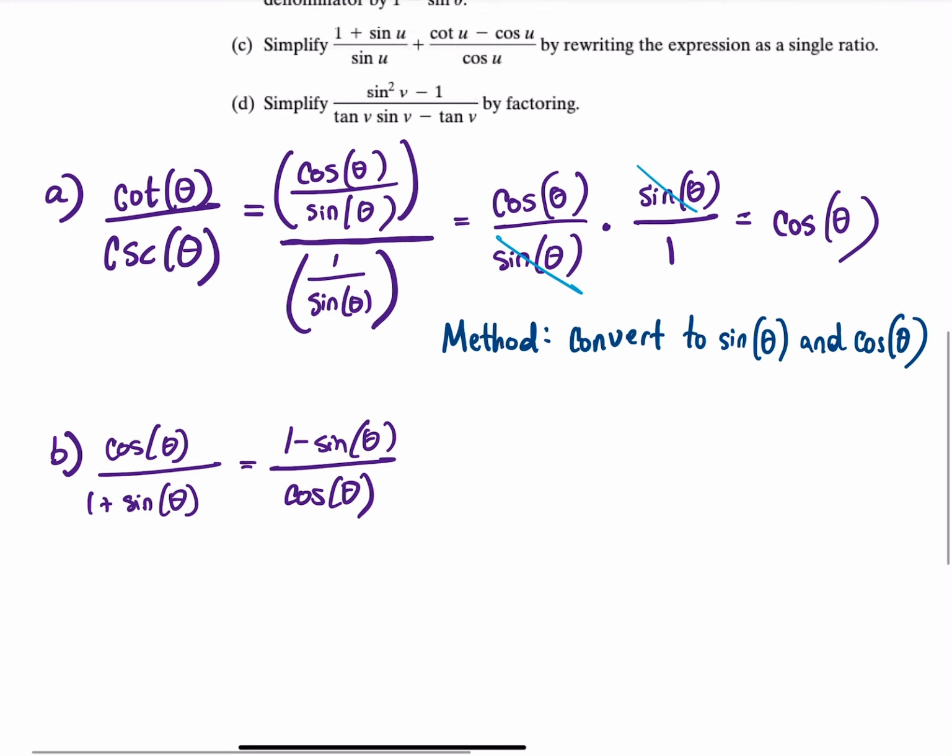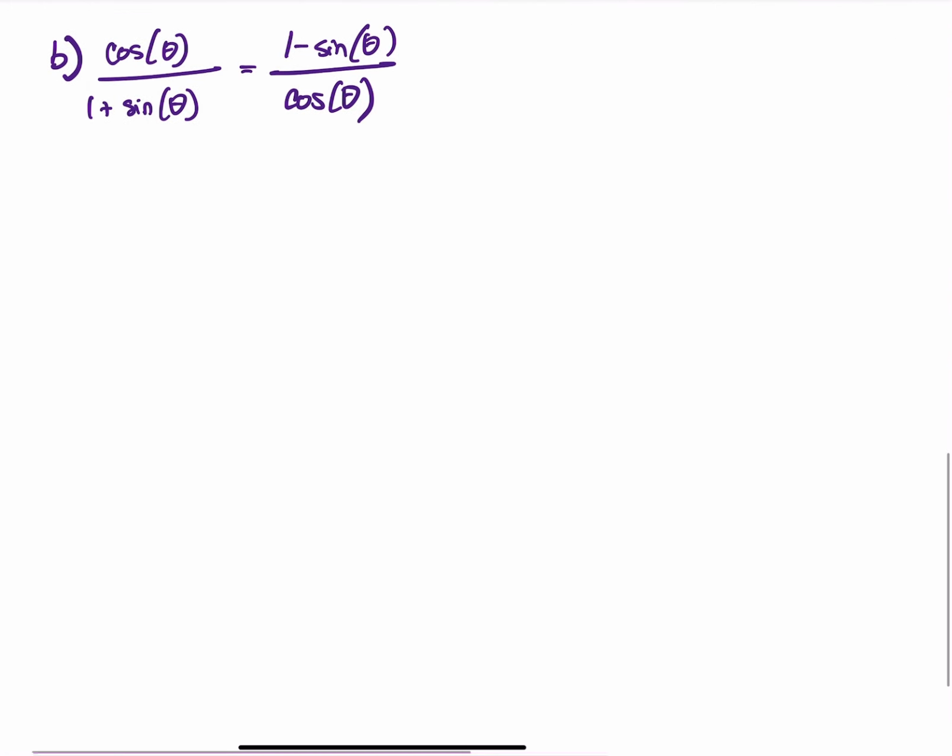So this is what they're saying. They're giving us this possible identity. Is this left side equal to the right side? Well, we can take the left side and try to manipulate it until it looks like the right side.